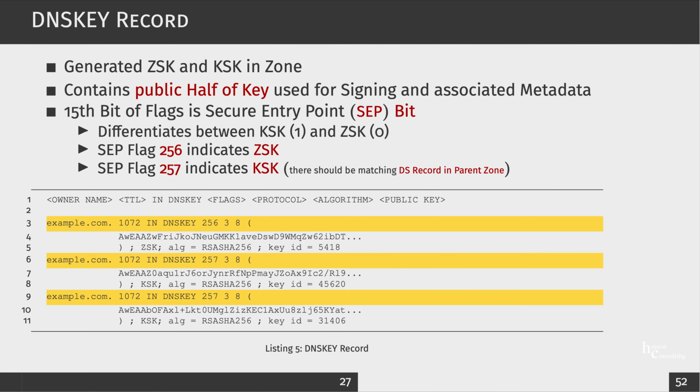The only difference between the zone signing key and the key signing key is the 15th bit of the flags that are specified in the RData field of the DNSKEY, and this is the secure entry point bit.